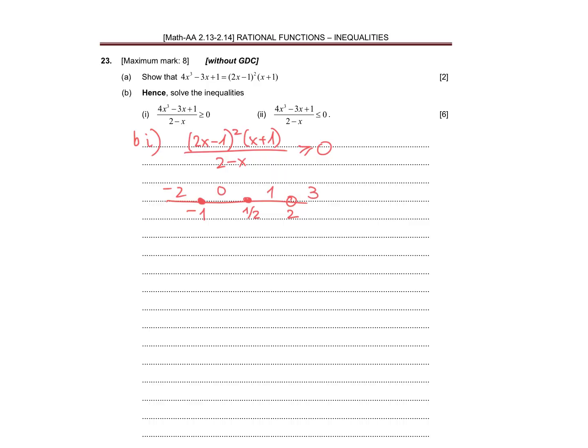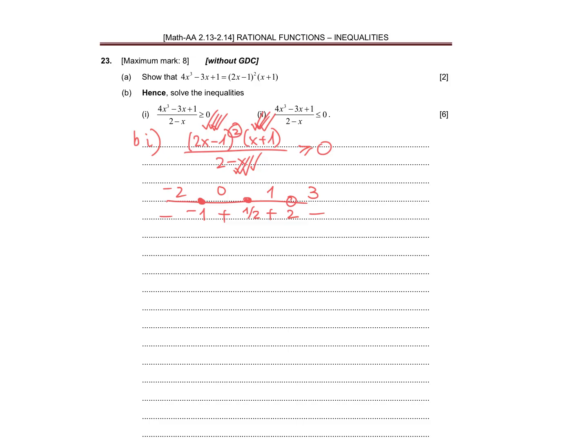So if we do this at negative 2, positive, because of squared, negative over positive. So this is negative. At 0, we've got positive, positive, positive. At 1, we have positive, positive, positive, which makes sense because at 1/2 it's bouncing off. At 3, we have positive, positive, negative.